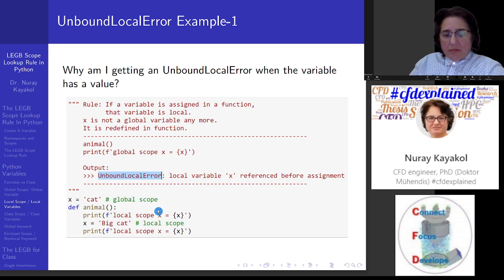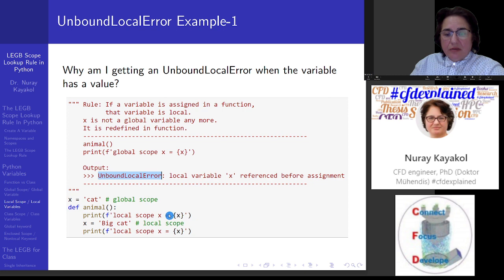So it didn't see this first line yet, and then looks for the value of x, but it is defined in the next step, at the next line. So now it is possible, and you can print the local value of x.